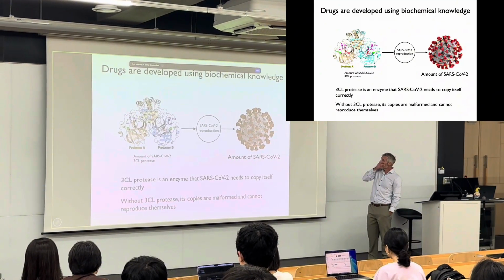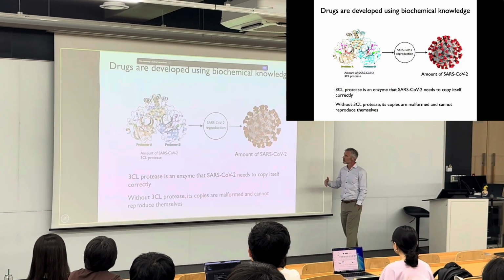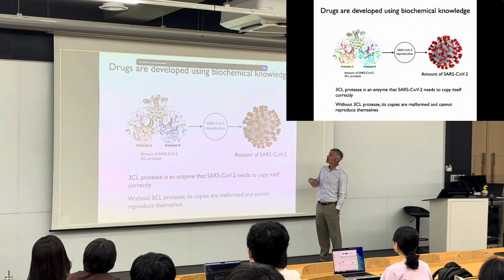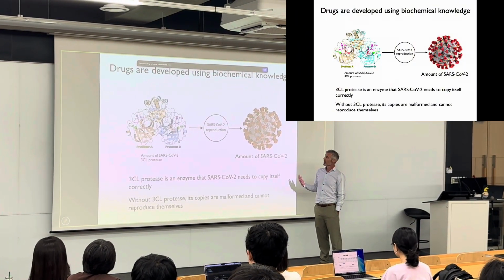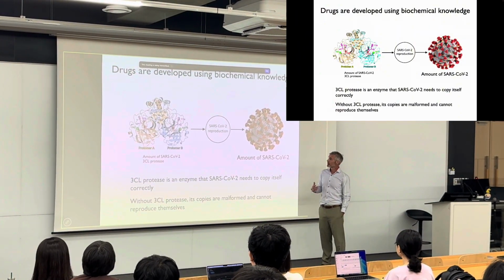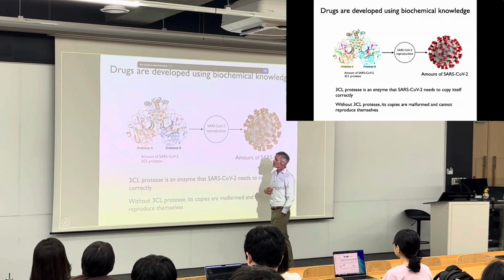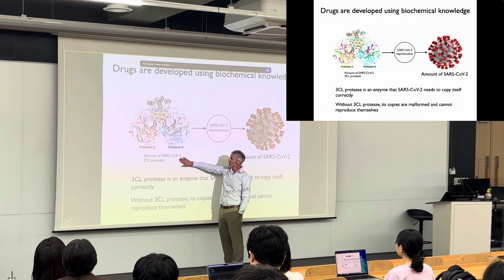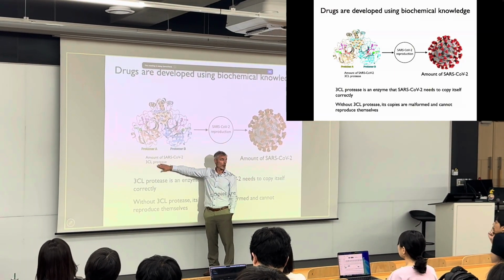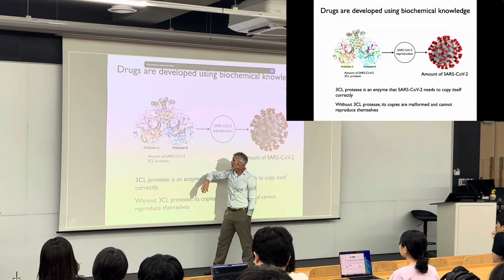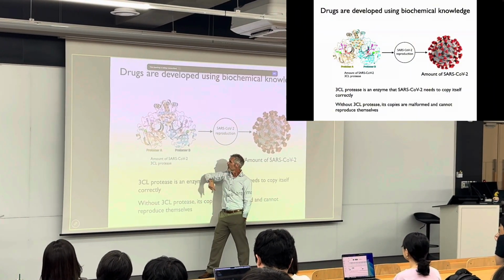So in particular, right, let's think about SARS-CoV-2 and what people at Pfizer were probably thinking about when they developed Paxlovid. So there is this enzyme, which is a protease, which chops up proteins. It's called 3CL protease.